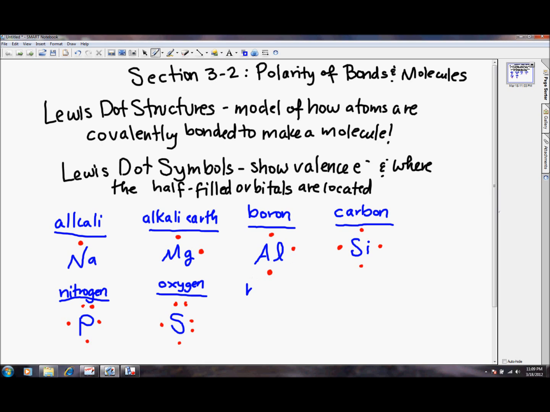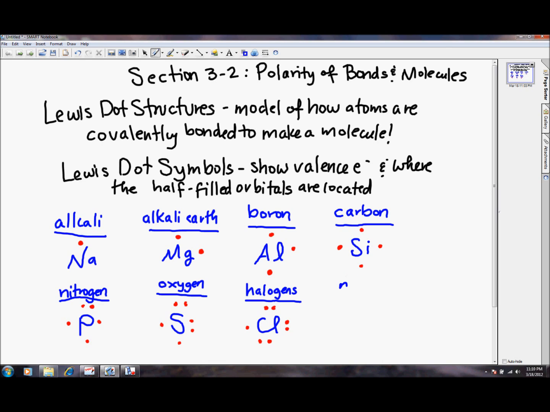Alright, and then we have halogens. And for the halogen family, I'm just going to pick the element chlorine. Yeah, that's how I write Cl. We've got 7, so we do 1, 2, 3, 4, 5, 6, 7.